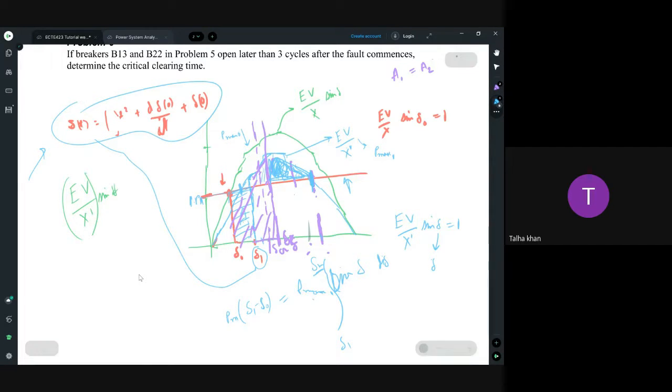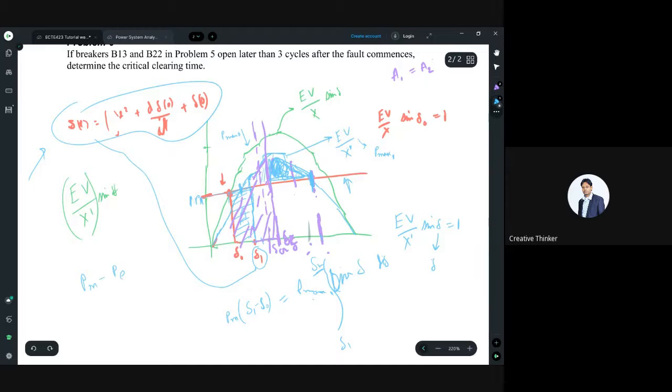What are we finding for delta 0 to delta 1? What is the area under the graph giving us exactly, sir? It is giving us the accelerating area. Why the accelerating area? Because the electrical power has fallen down. The accelerating area is Pm minus Pe.